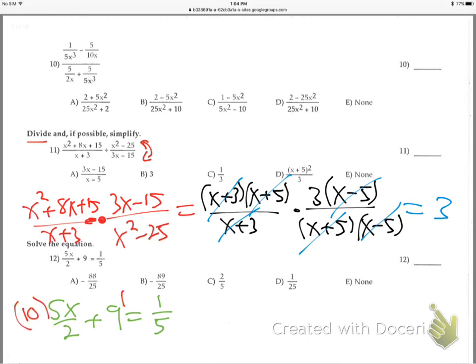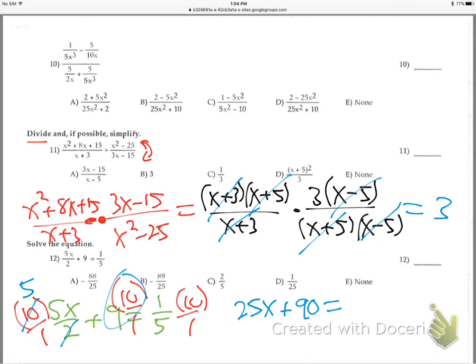Multiply through 10. 10, 10, right? Oh, these are over 1. Over 1, over 1. So cross cancel. So 2 goes into 10 5 times, so that's 25x. 9 times 10 is 90. 5 goes into 10 2 times equals 2.